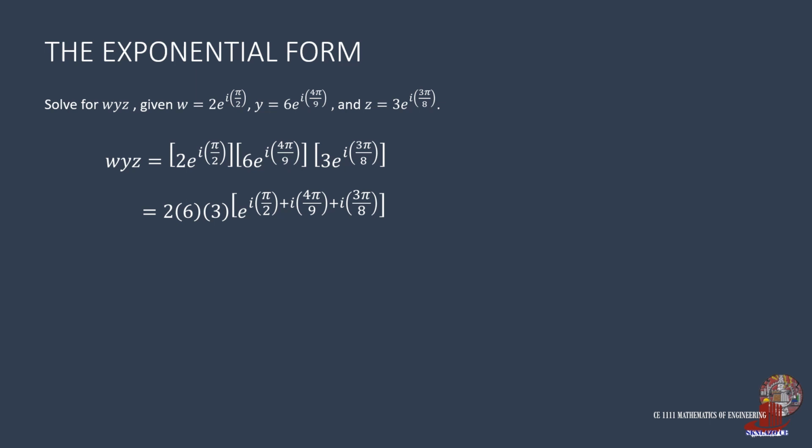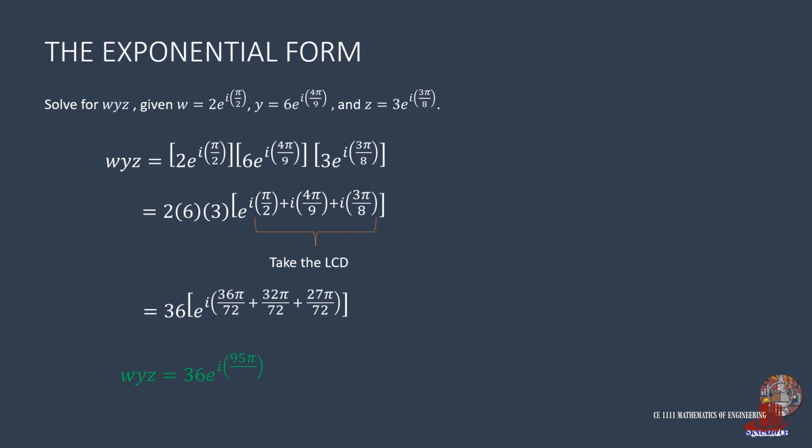That would be half of pi, 4/9 of pi, and 3/8 of pi. Take the least common denominator to add the exponents up, and with 2, 9, and 8, the LCD is 72. So the equivalent exponents are now 36 pi over 72, 32 pi over 72, and 27 pi over 72.